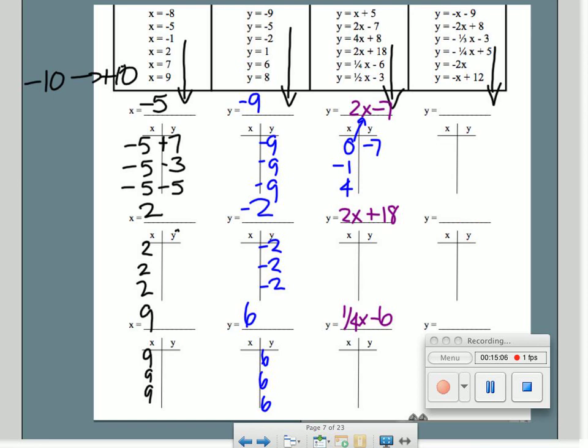Negative 1. So now I've got 2 times negative 1 minus 7. What is 2 times negative 1? You think 2 times 1, what's 2 times 1? Yeah, 2. And then I'm multiplying a positive and a negative. So my answer isn't 2, it is negative 2. So I've got negative 2 minus 7.